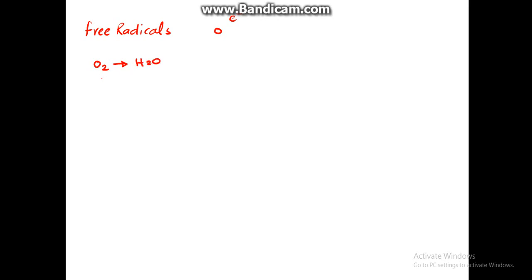However, with partial reductions, let's say that O2 only gets 1 electron, so it will turn into superoxide. Let's say it gets 2 electrons, it will turn into hydrogen peroxide. Let's say it gets 3 electrons, it will turn into hydroxyl. And actually, hydroxyl is the most damaging of all the free radicals.